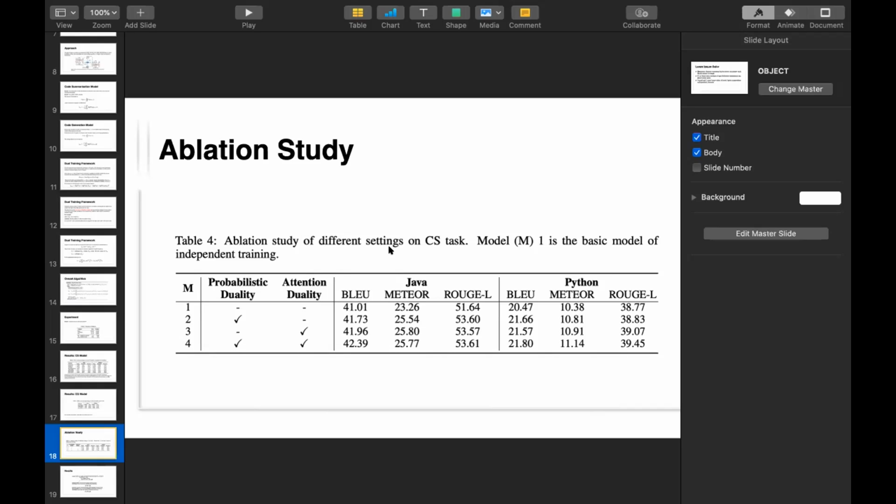Okay, so anyway, it's more like controlled studies for two key features. One is probability duality, the second is attention duality. They have shown that both the probability duality and the attention duality are necessary to be incorporated into the system.